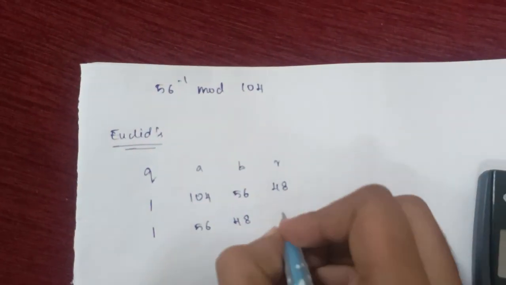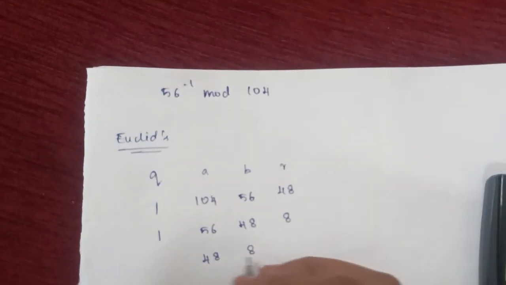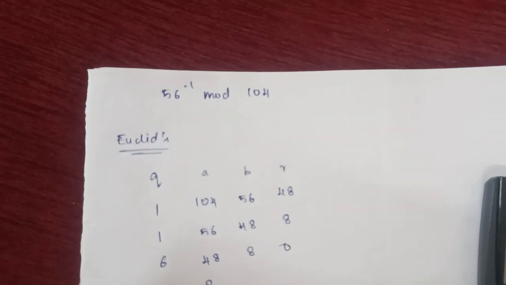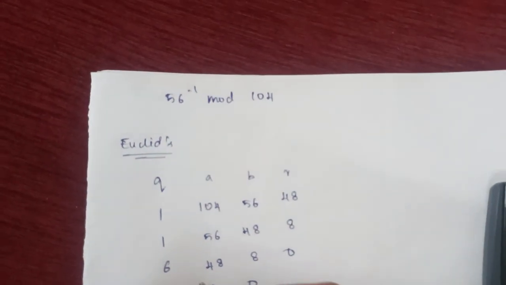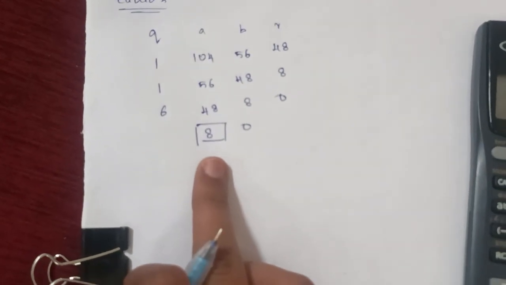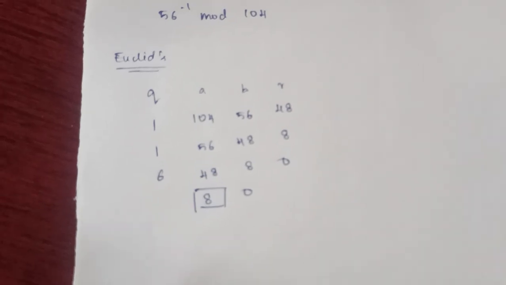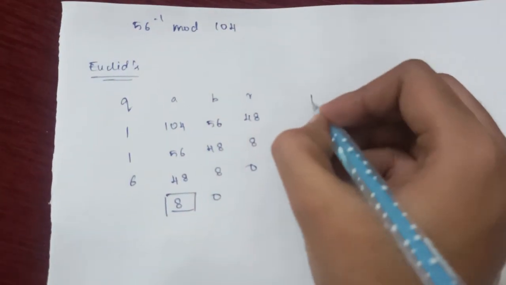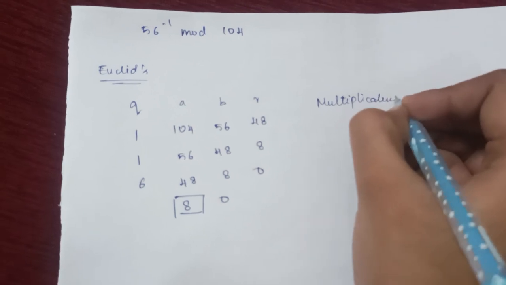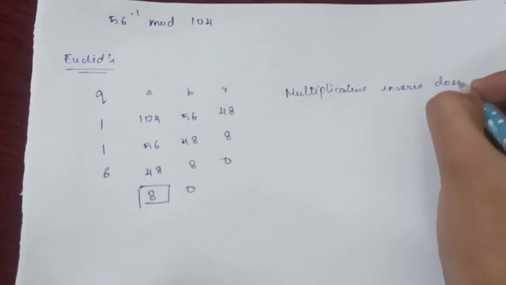The remainder is 8, and so on. So 48, 8, so 8 6s are 48, the remainder is 0, and here I get 8 and here I get 0. So the GCD is 8, which means the GCD is not equal to 1. Hence we could conclude that multiplicative inverse does not exist.